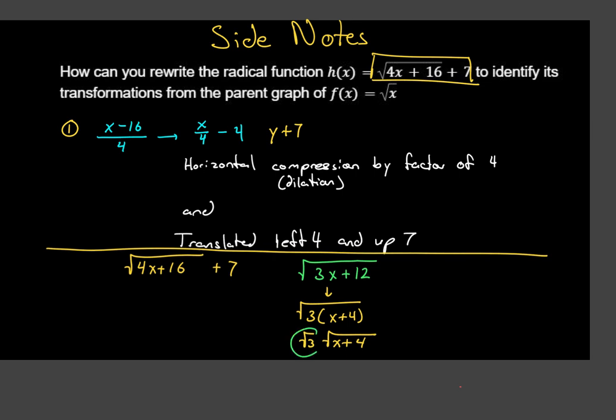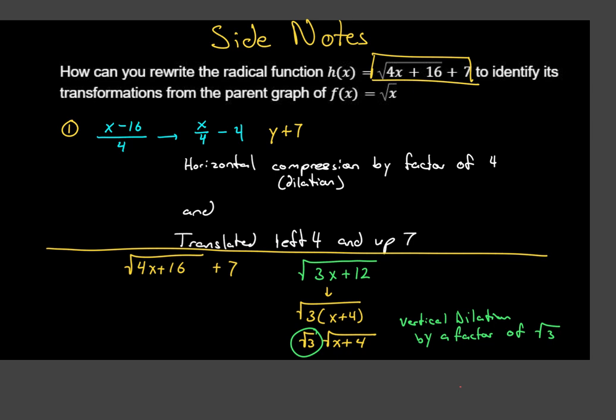Unfortunately, since this is not a perfect square, it can't be simplified further, which means if we were to try to describe the transformations of this, it would be a vertical dilation. Again, in this case, a stretch by a factor of the square root of 3, which isn't pretty, but it still is a valid description of the transformations.